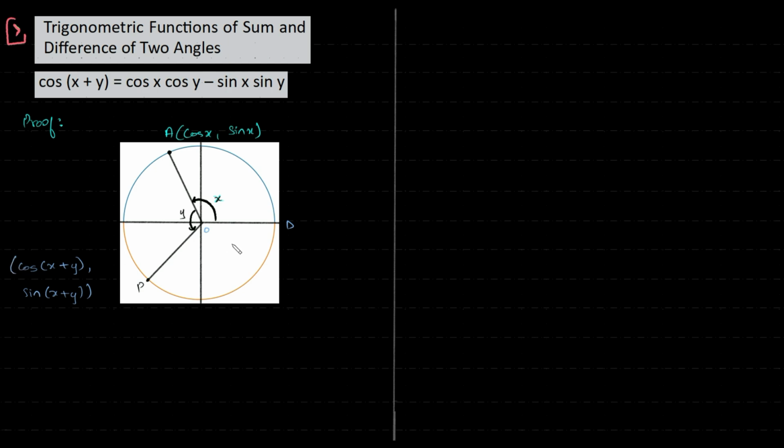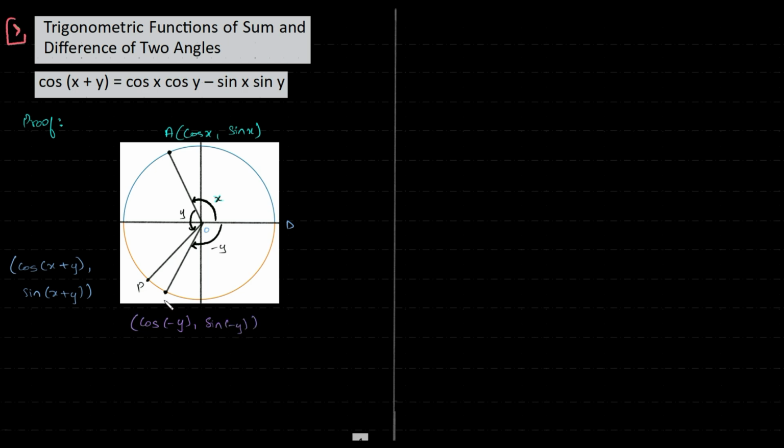Okay, and now one last angle we need to complete the figure. That would be minus y. So again I'll join this and all of that, and we have this angle to be, say, M. So this would be cos of minus y comma sin of minus y.